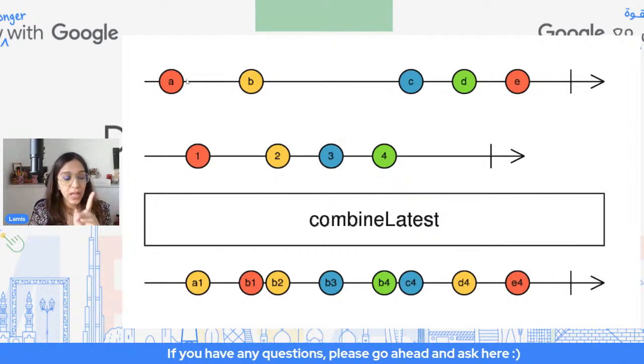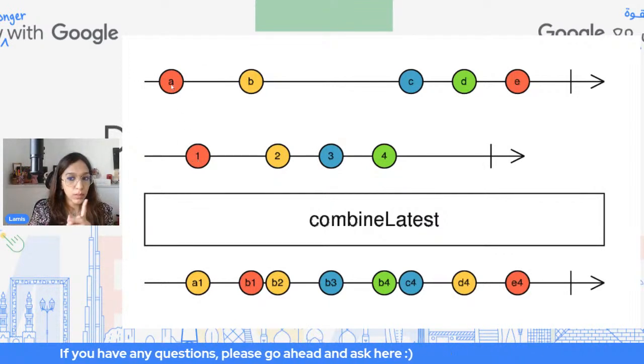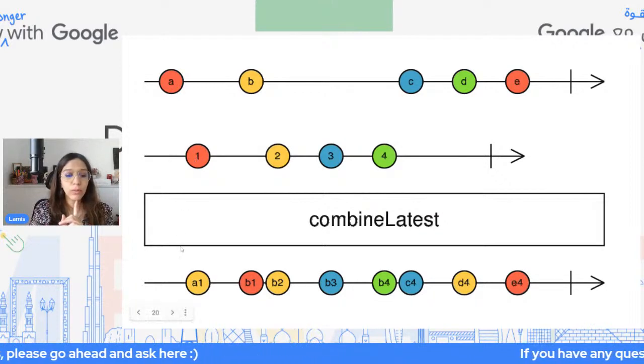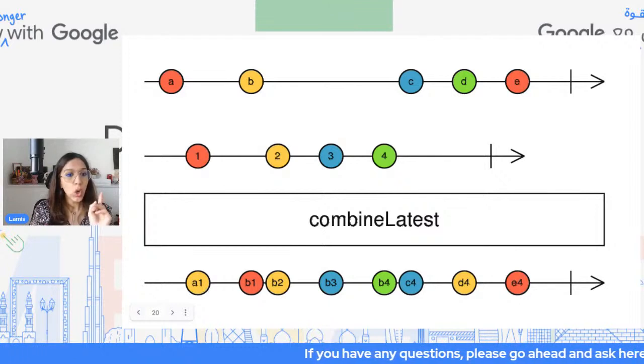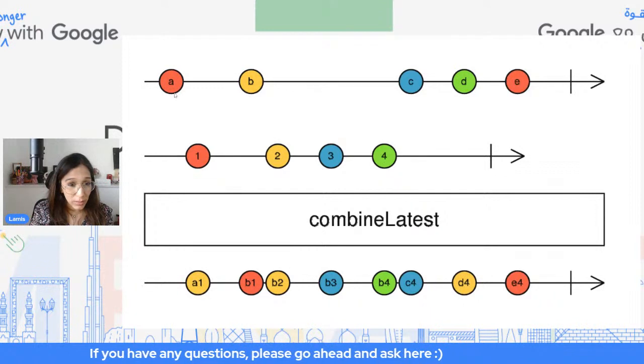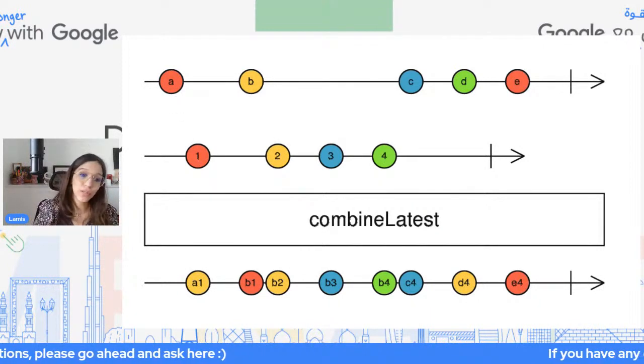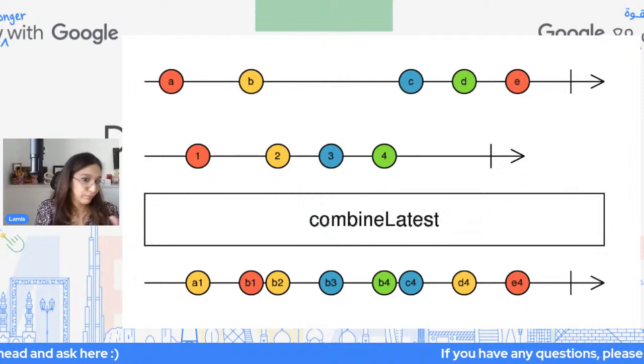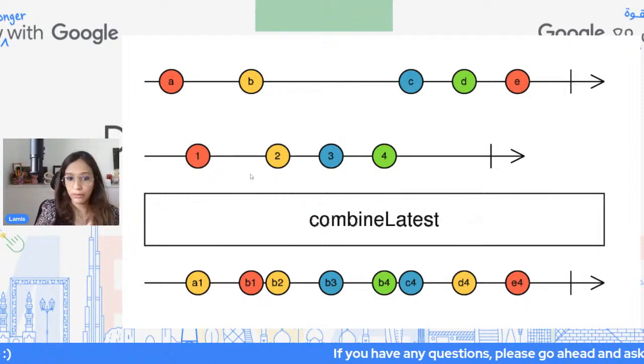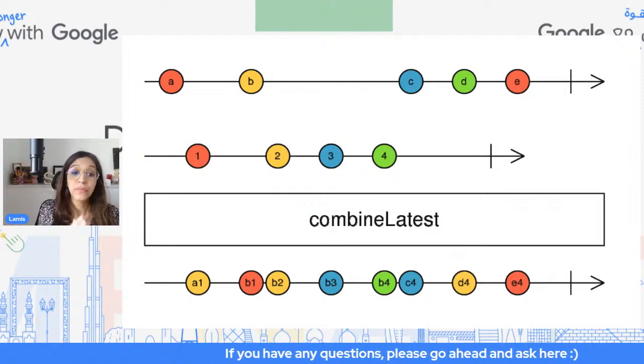So here the first observable emitted A and the second one emitted 1, so we have A1. combineLatest returns the last value emitted by the first observable and the last value emitted by the second observable in one shot. If you have three observables, you will obviously have three values.